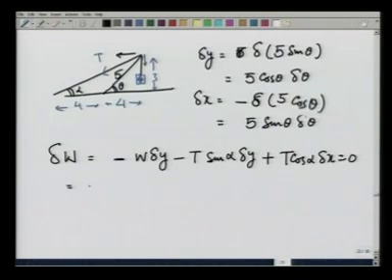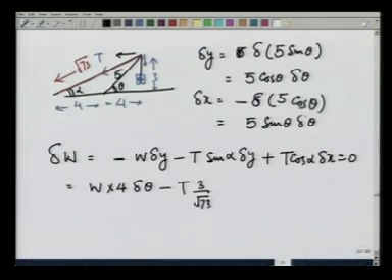This gives me W delta y. We have already calculated 5 cosine theta delta theta, and 5 cosine theta from here is 4 times 4 delta theta, minus T sine alpha. Sine alpha is going to be 3 divided by this length, and this length is the square root of 8 squared plus 3 squared, so root 73. So, T times 3 over root 73 times 4 delta theta.